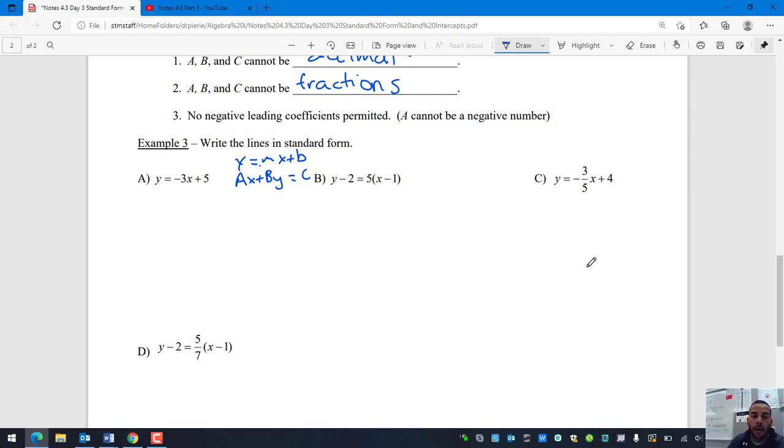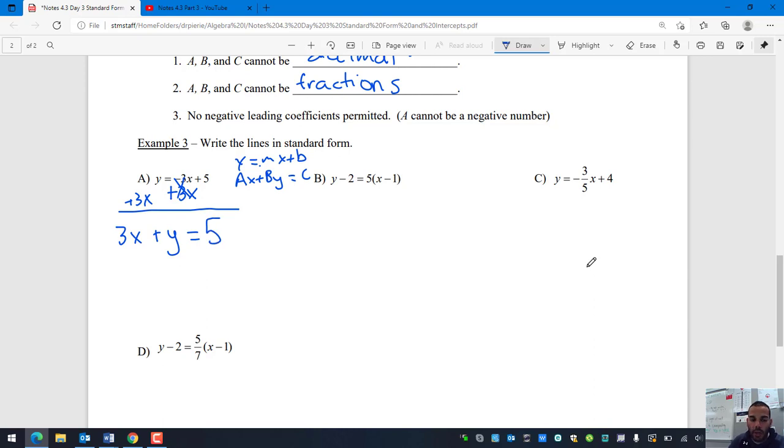And the way I'm going to do that, how do I get rid of negative 3x? I have to add 3x to both sides. Whatever I do to my right, I also do to my left. Okay, 3x and y are not combinable, so I leave them separate. I'll have 3x plus y, and these guys cancel, and all I'm left with on my right side is just the number 5.